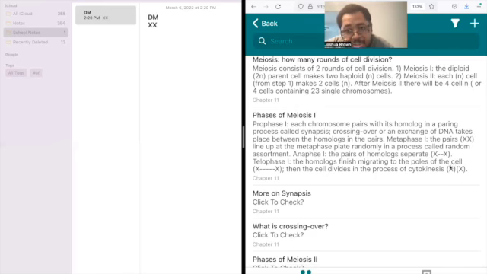You got that? So that's why if you were to divide them apart, you could say they were 46, but no, they're still together. So they're actually one chromosome. This is one chromosome here, and this is one chromosome here, even though they're still replicated. Until they divide apart, they're not considered two. So you have one cell here with 23 chromosomes that are replicated, and one cell here with 23 chromosomes that are replicated.